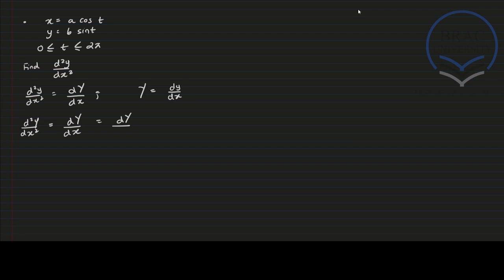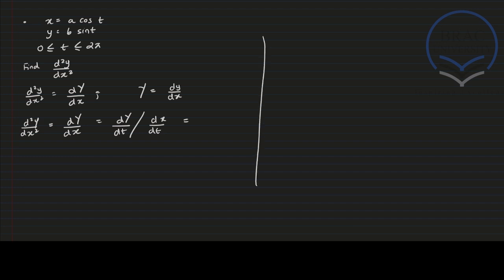We're changing the differentiation from dx to dt, this divided by dx by dt, because this will eventually give us d squared y by dx squared. So now moving on, we see that capital Y equals dy by dx, which is exactly what we found in the last problem, so we can go ahead and substitute that.